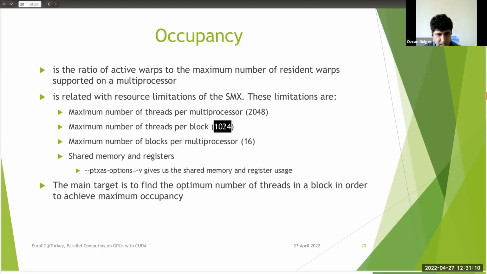The third limitation is the maximum number of active blocks in a streaming multiprocessor, which is 16. I told you before in the specification of the board. Another limitation is the size of shared memory or the number of registers. You can check shared memory and the number of registers by using this flag.